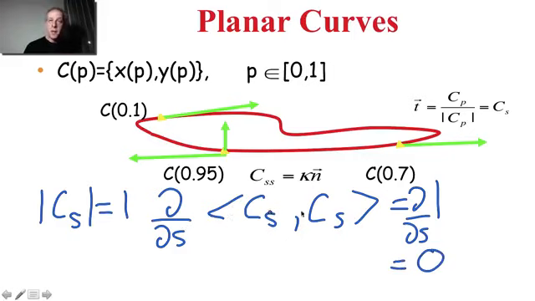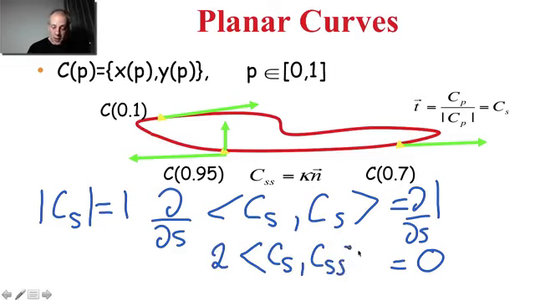The derivative of this is like any other product. It's the derivative of the first times the second plus the derivative of the second times the first. But because these are equal, then this is 2 times the inner product of the first derivative with the second derivative. It's like any other product.